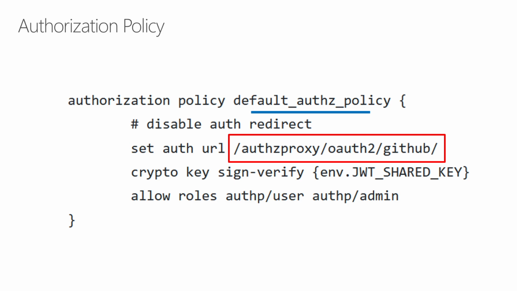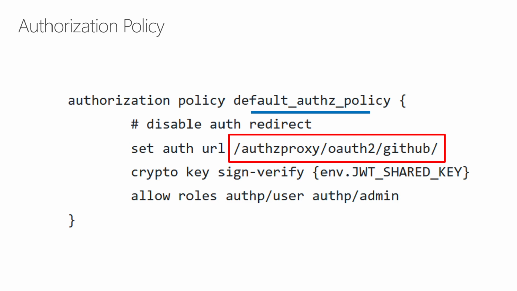This way, the whole authorization and authentication will be completely transparent to the user. A user will not see the authentication portal screen. First the authorization plugin will redirect them to the authentication portal, to the GitHub endpoint. All that with 302 redirects.